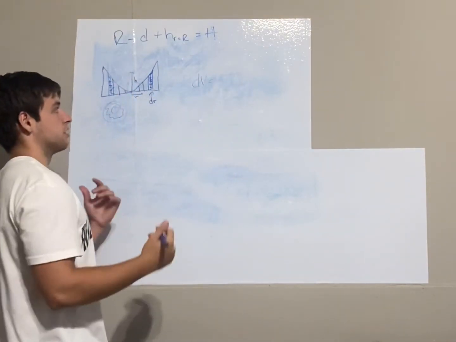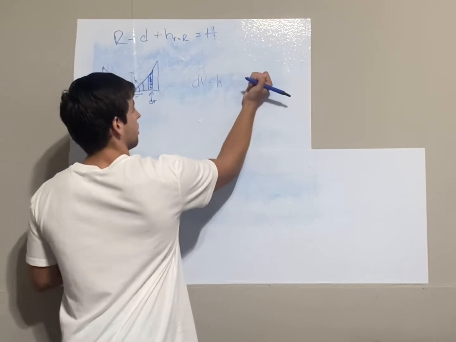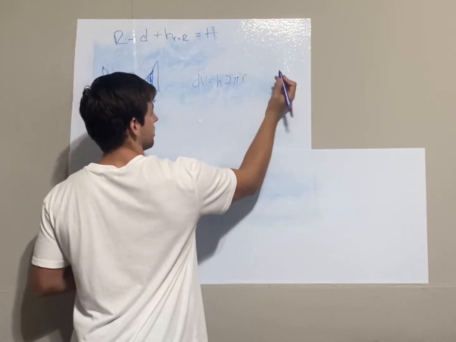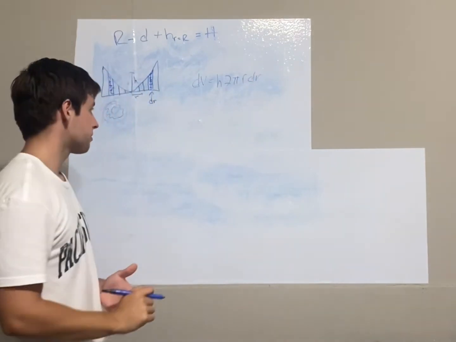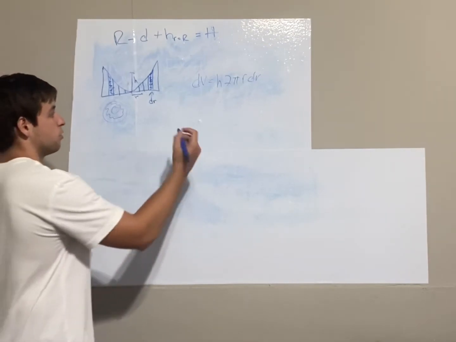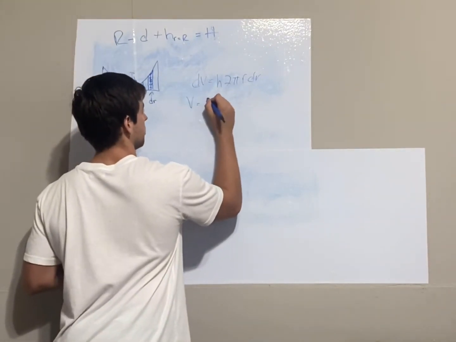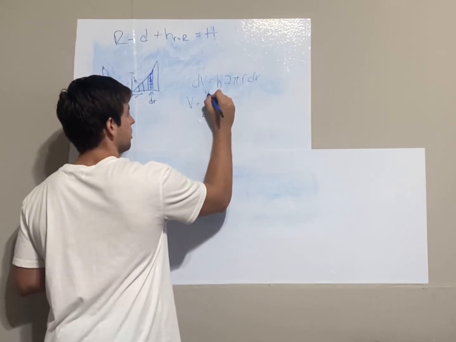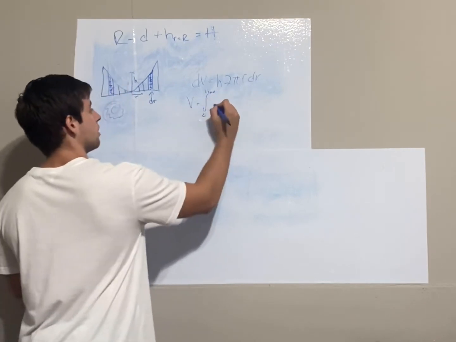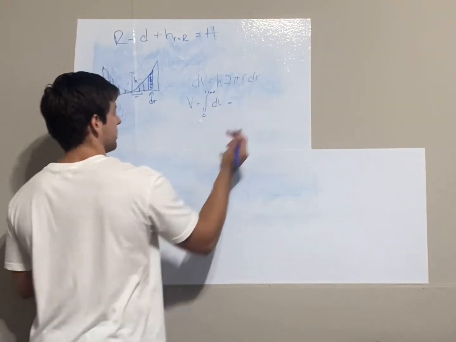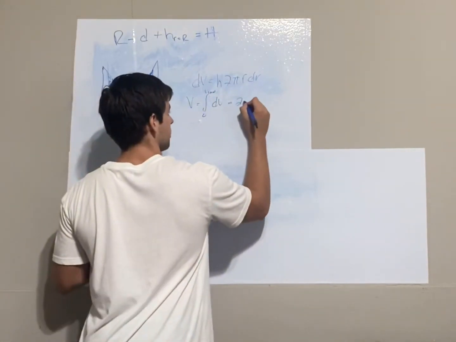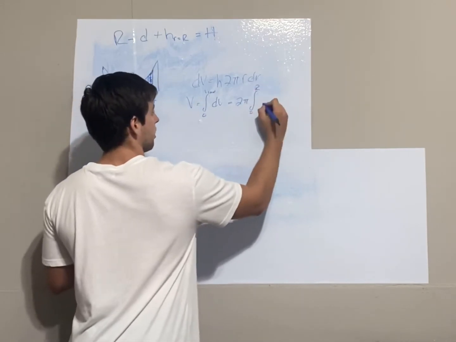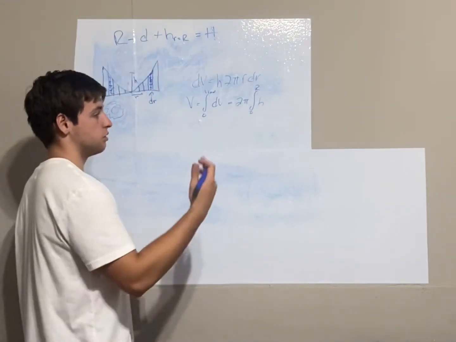We are going to say our differential volume is equal to little h times 2 pi times radius times dr. Okay? So now from here, we can say that the volume is equal to the integration from 0 to volume of the liquid of dV, which is equal to, we can take the 2 pi out front, the integral from 0 to big R of h, which is our height with relation to some radius r.